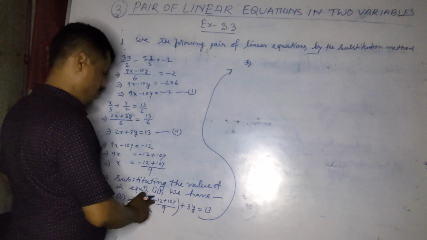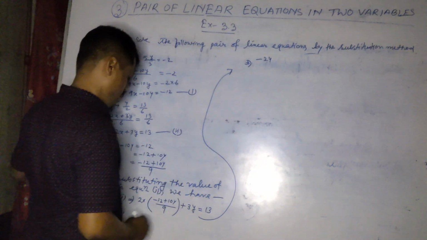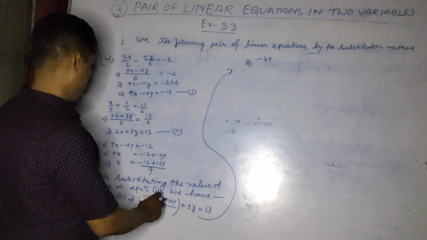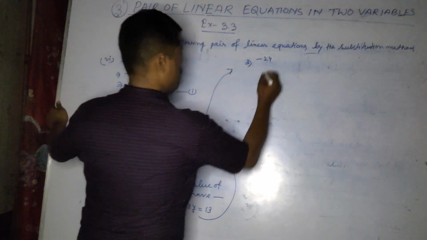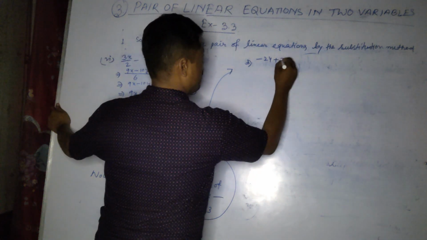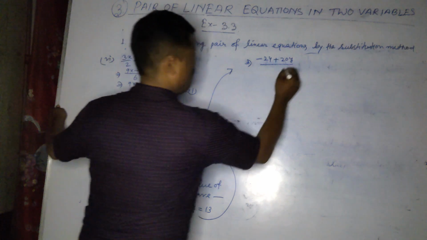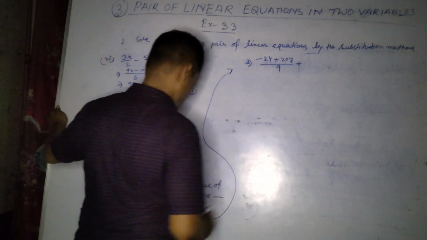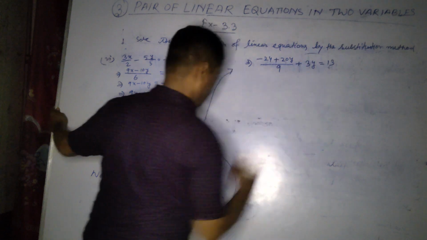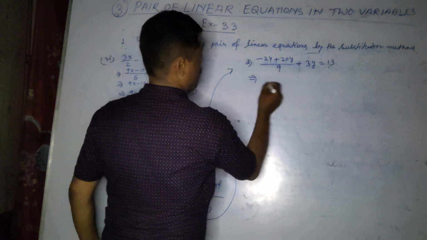Now 2 into 12, that is 24, minus 24, and plus 2 into 10, that is 20y divided by 9, plus 3y is equal to 13. Now we have to take LCM once again.